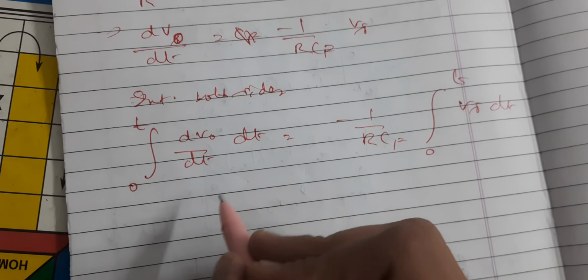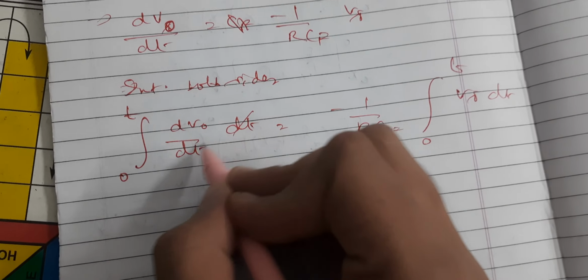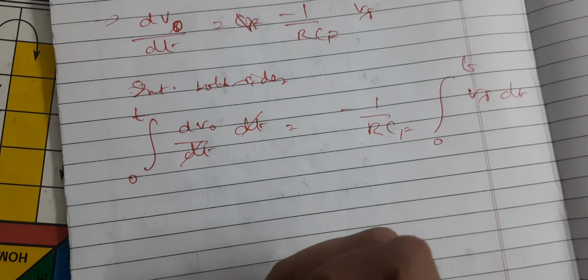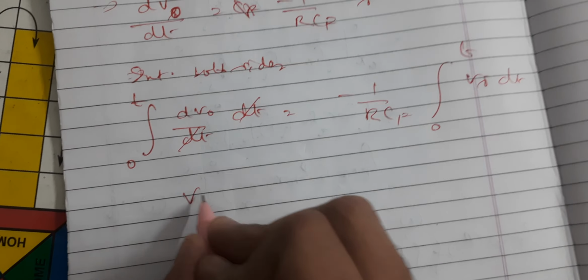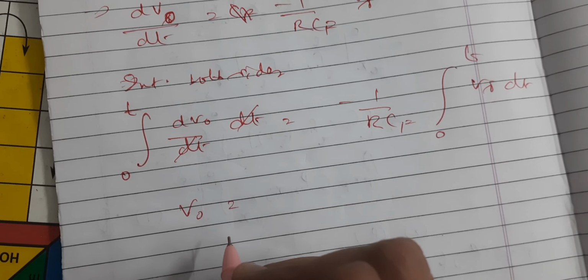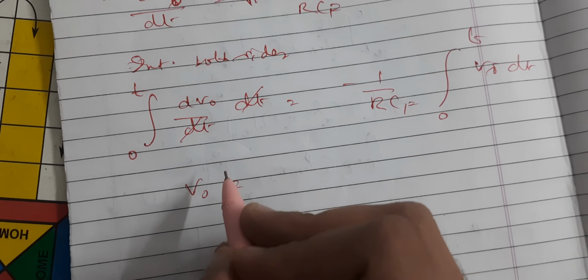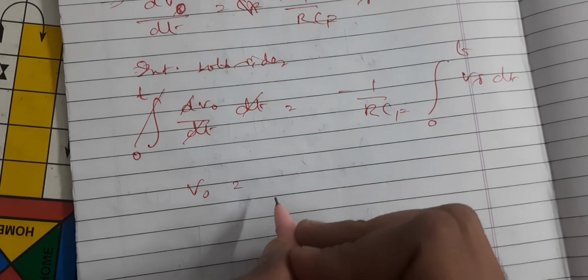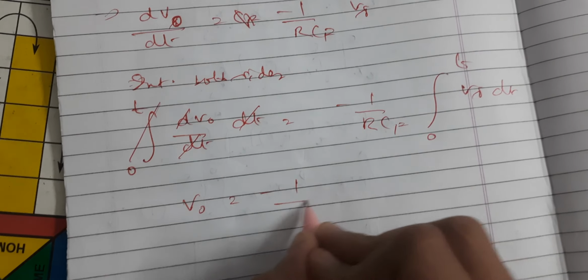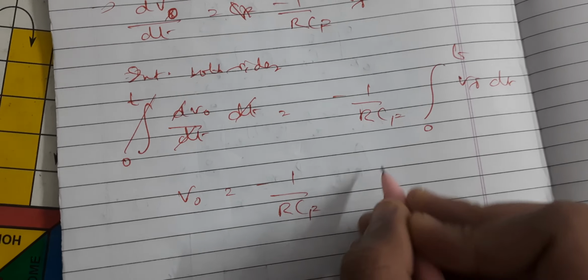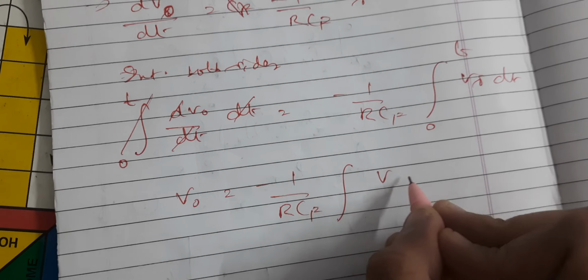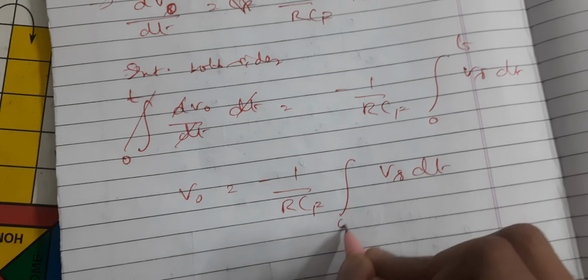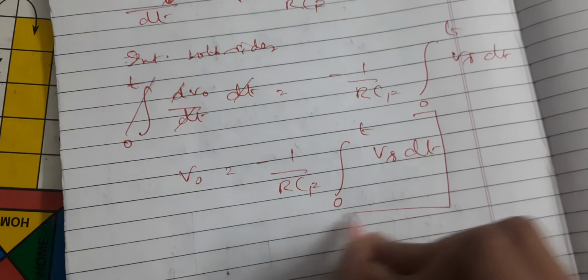After cancelling, we get V0 is equal to minus 1 by RCF integral of Vs dt from 0 to t.